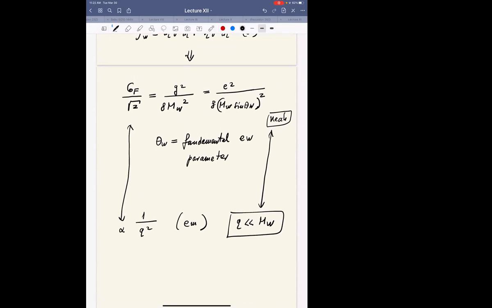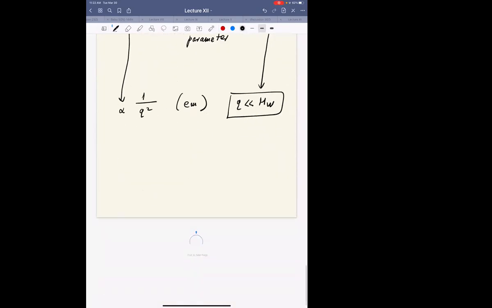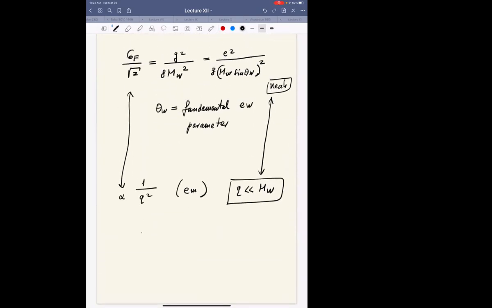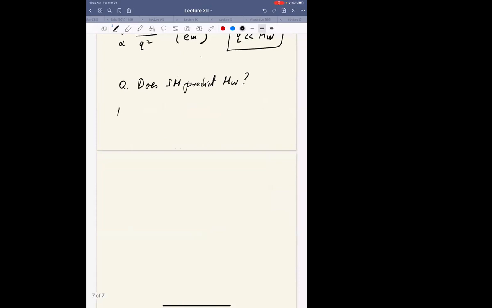Even famous people will tell you that this is total nonsense, because I cannot predict the W mass. I can predict it only if I know that Standard Model. So this is my question: predict W mass, whatever I mean by that. The answer is no.